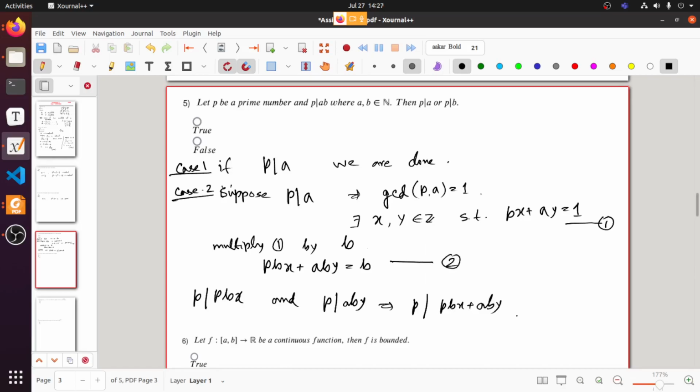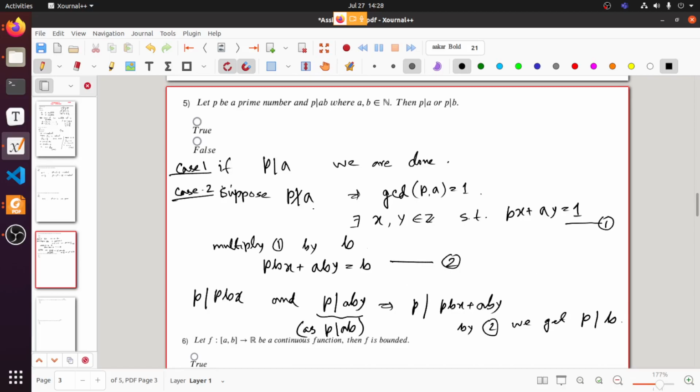So numbering it by 2, we get that p divides b.